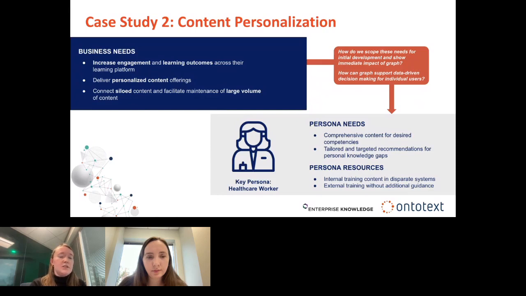And so what we wanted to do was provide personalized content offerings based on recommendations of what content and trainings medical professionals should take in order to increase the interaction with their content and be able to recommend it to people at the time that they needed it.